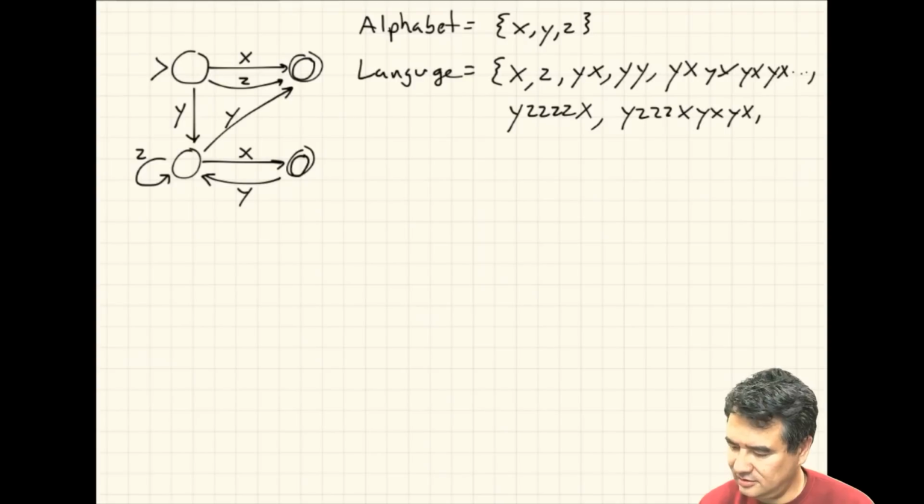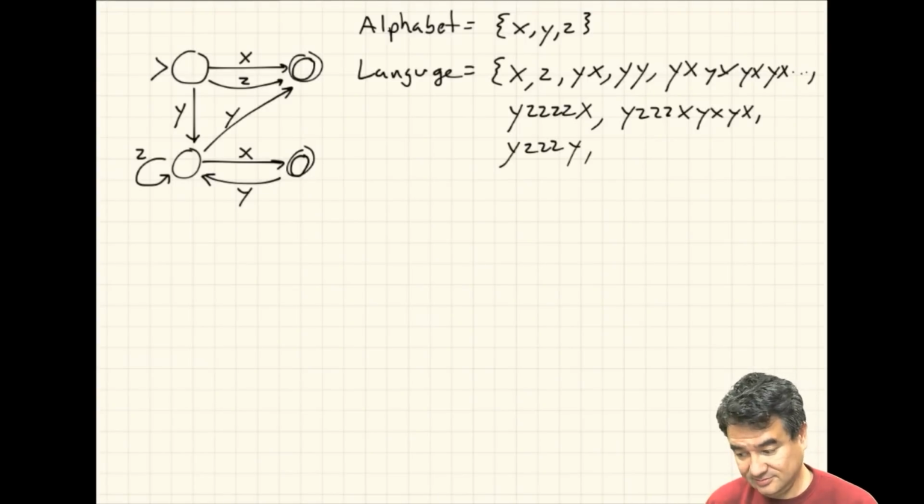And what's another one? Oh, we could start here at the top one. We could go down here, do a bunch of z's, and then go y and get up there. So we could do y, bunch of z's, and then y, and then we're done.